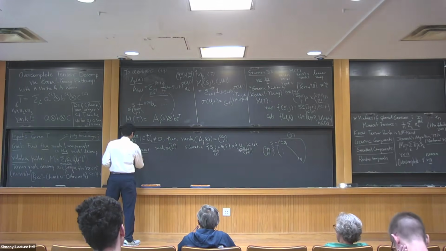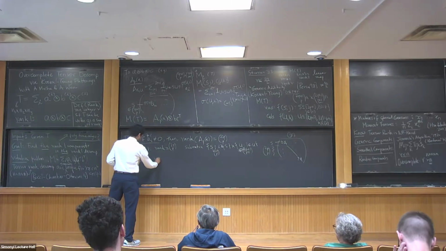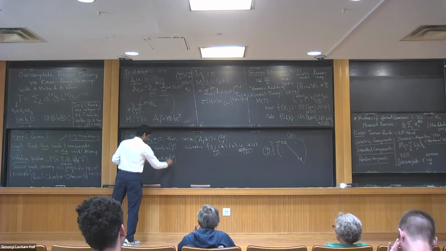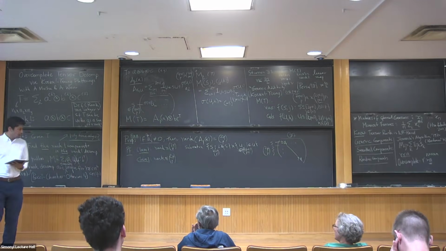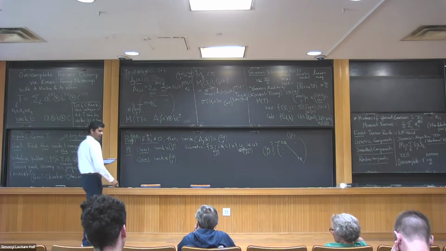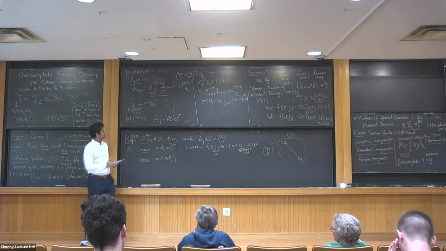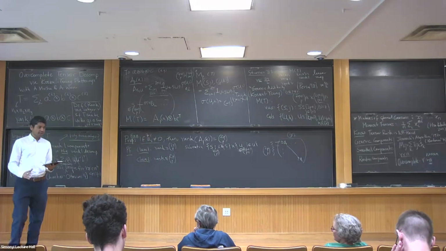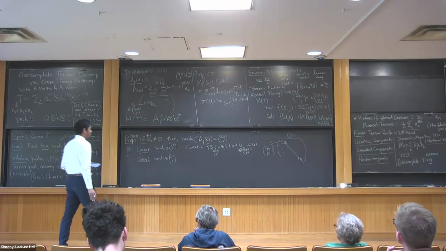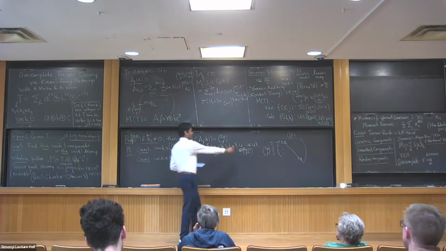I'm going to prove the other side now. In order to do this, I'm going to show you that every column of this matrix can be written as a linear combination of columns just in this set.